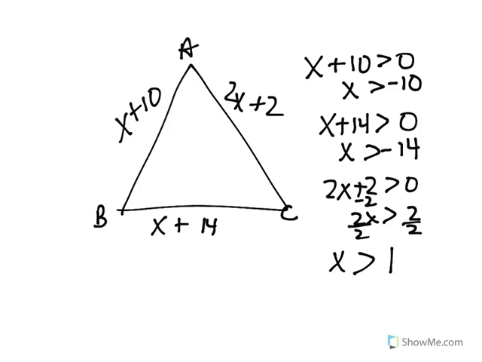So in order for all three of these, I'm going to take the one that's the highest, because if X has to be greater than 1, these values that are below 1 aren't going to work for this side of the triangle. X has to be greater than 1 to make this work.